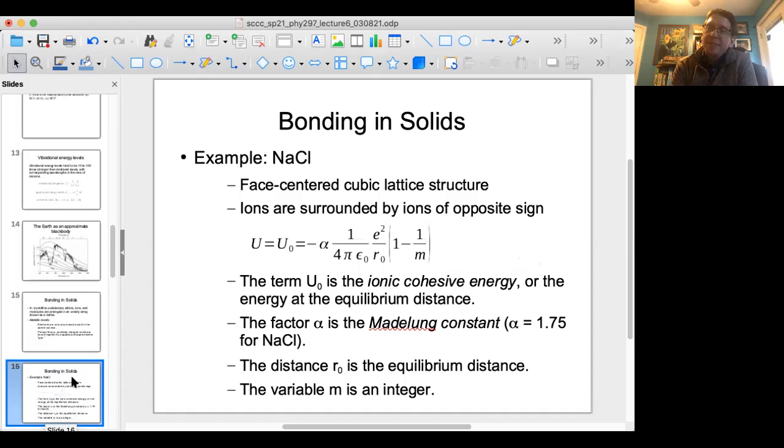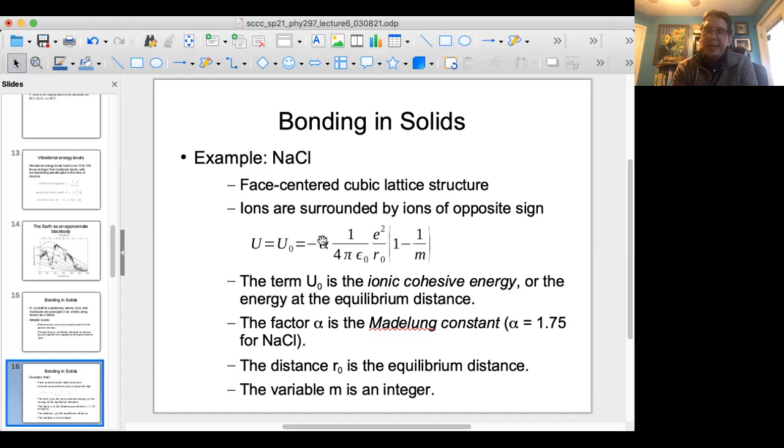Again, we're going to the basic example of an ionic bond, sodium chloride. You have a face-centered cubic lattice structure, and a given ion is surrounded by ions of opposite sign. The potential energy is negative, and it's given by this relationship: negative alpha, a proportionality constant, times 1/4 pi epsilon naught, times e squared over r naught, where r naught is the equilibrium distance, basically the distance at which you have the binding energy, multiplied by, in parentheses, 1 minus 1/m, where m is an integer.